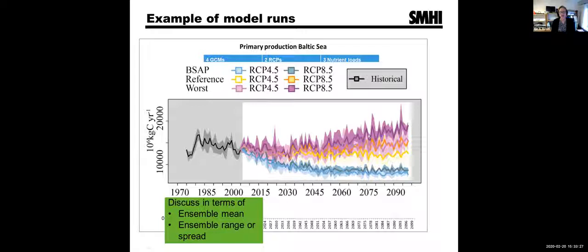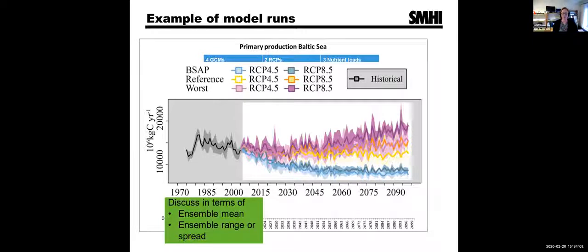The purple shows the worst case nutrient scenario, and the dark purple is the worst case emission scenario, RCP 8.5, while the lighter colors are RCP 4.5. The Baltic Sea Action Plan is blue, so there we have decreased the nutrient loads. In between is the yellow-orange, which is the reference nutrient load.